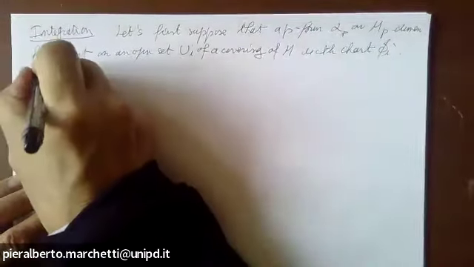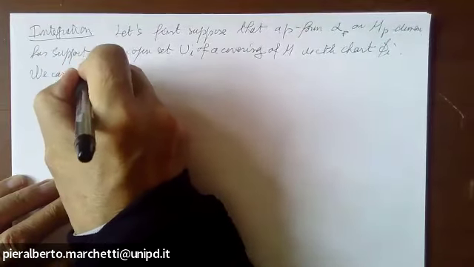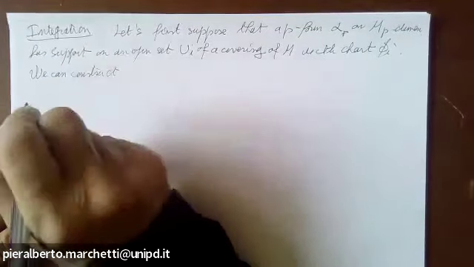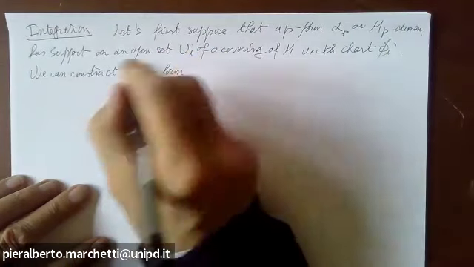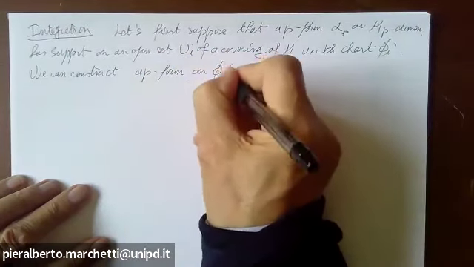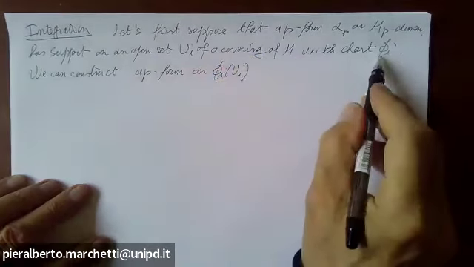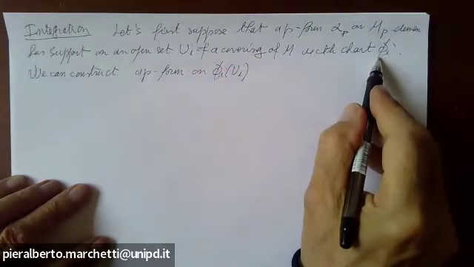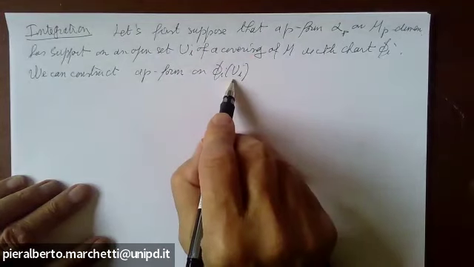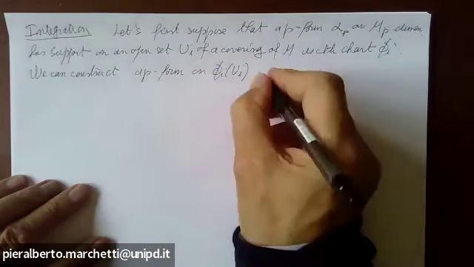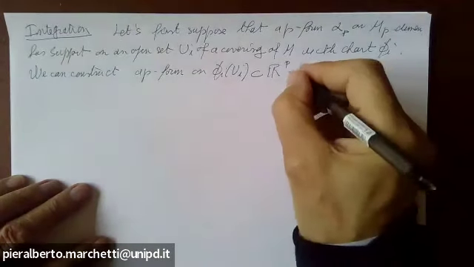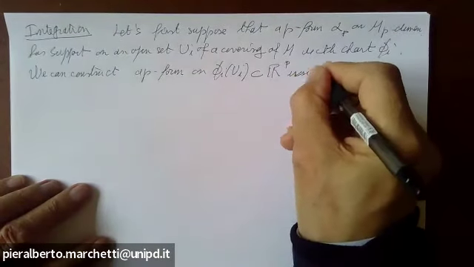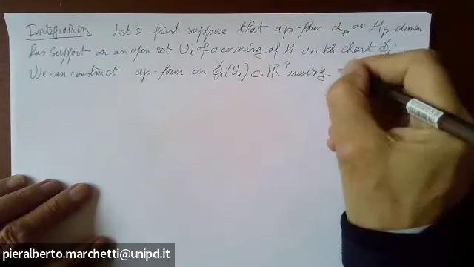Okay, then we can construct a p form on phi_i of U_i. Remember that phi_i was a chart, so it maps an open set in the manifold to some open set in Rp, using the pullback bundle.